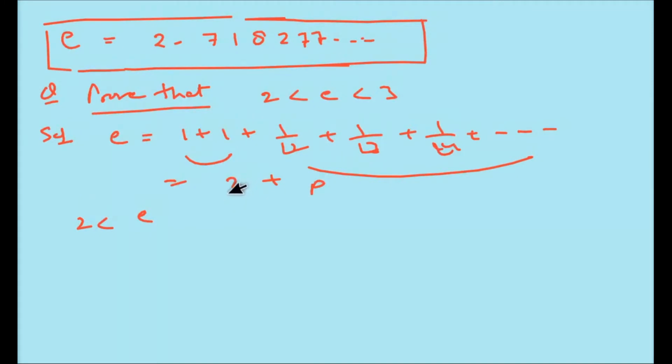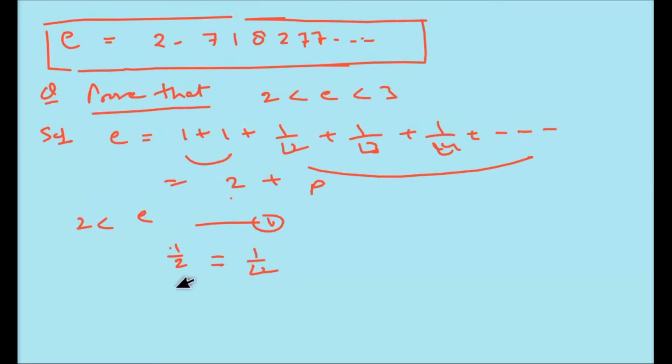Okay, since e is 2 plus p, 2 is less than 2 plus p, which means 2 is less than e. Okay, this is condition 1. Now if we look at the relation between 1 upon 2 and 1 upon factorial 2, they are equal.